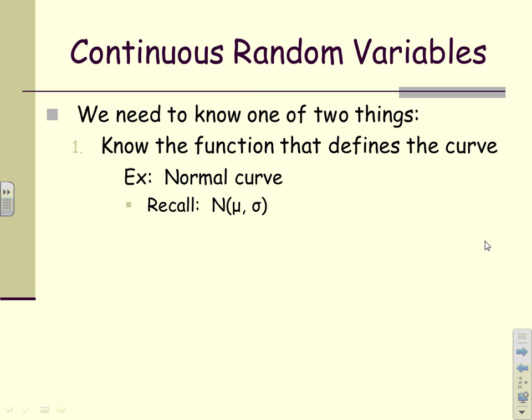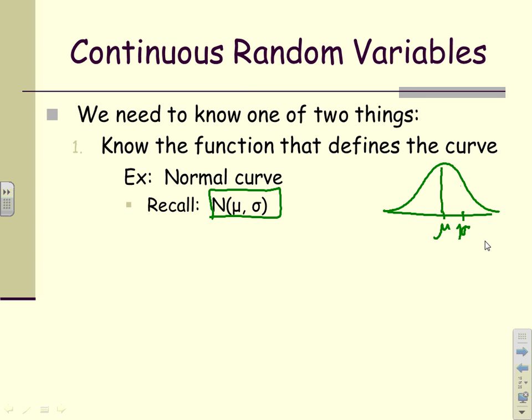When we talk about the normal curve, we're talking about the symbols here, notation. N stands for normal distribution with a mean mu and standard deviation sigma. Well, we recall that's what we have there, with the mean right there in the middle, and the standard deviation is going to occur at the first point of inflection there.